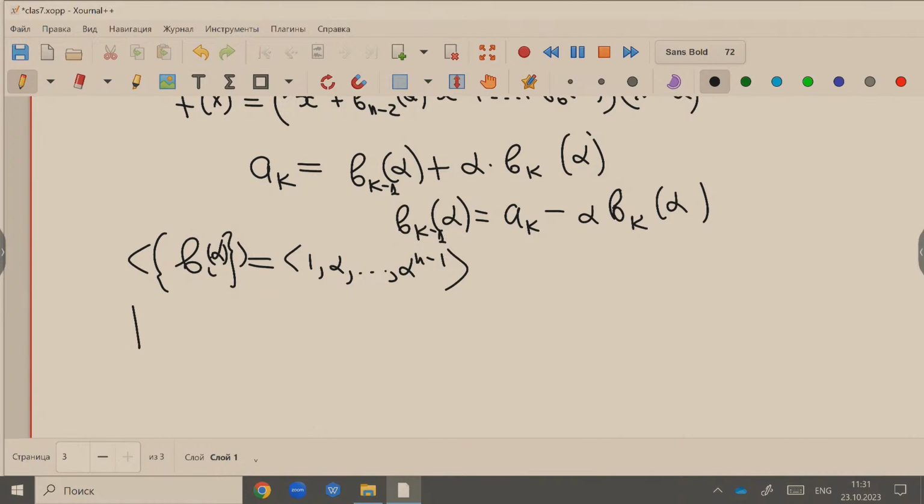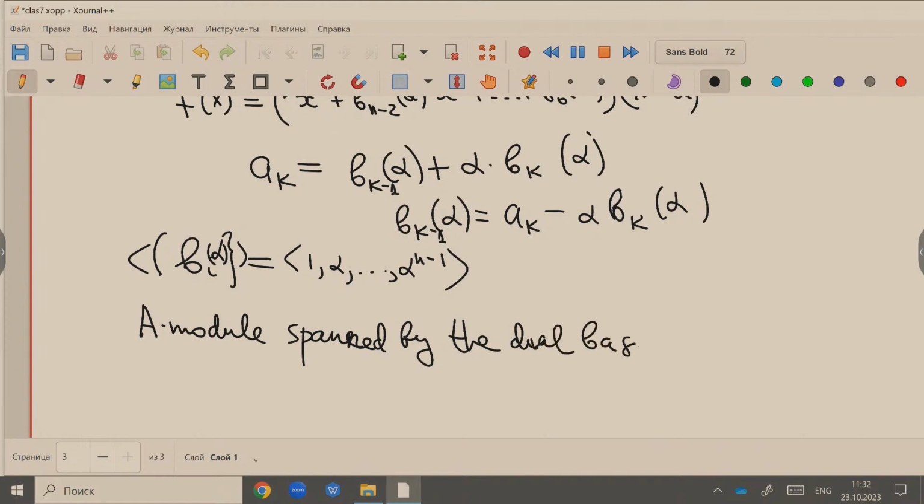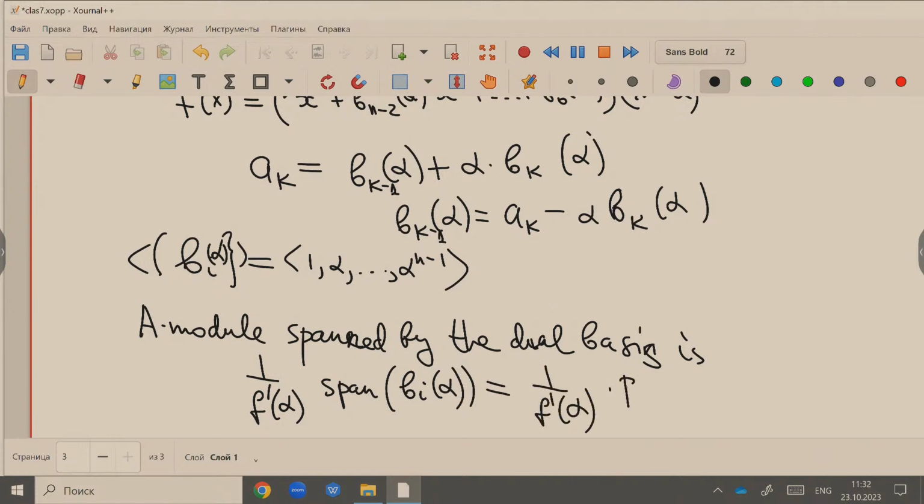This means that the module spanned by the dual basis is 1 over f prime of alpha times the span of the b_i, which is just 1 over f prime of alpha times B. So you see that this is a fractional ideal, and you need to invert it.